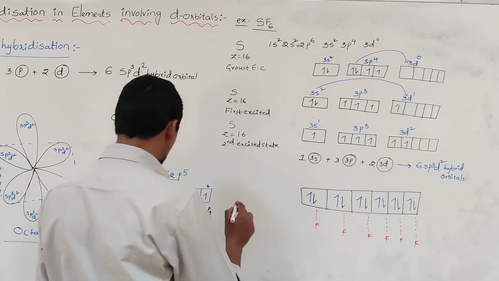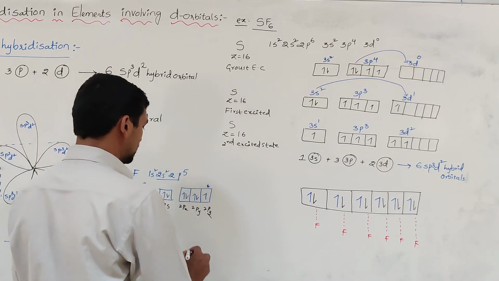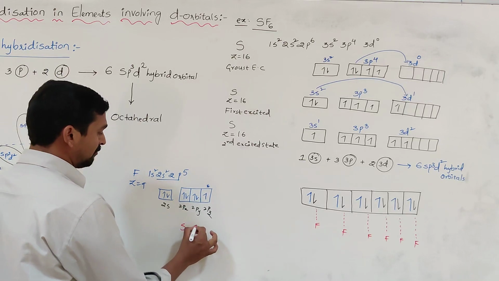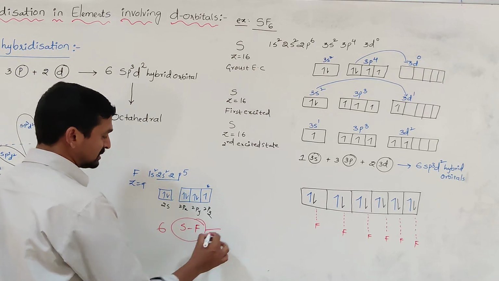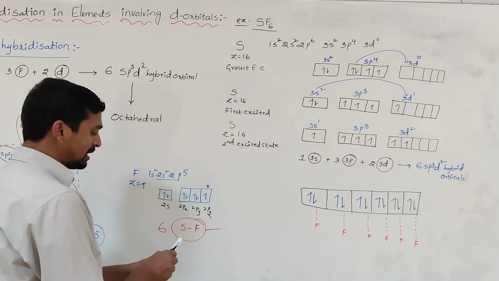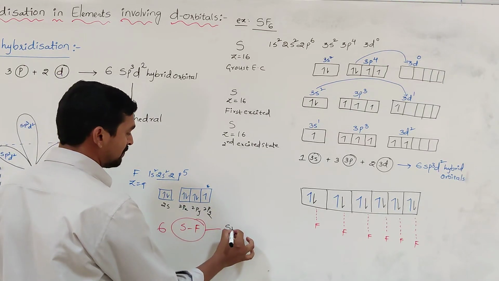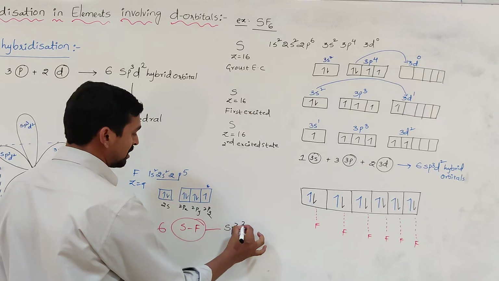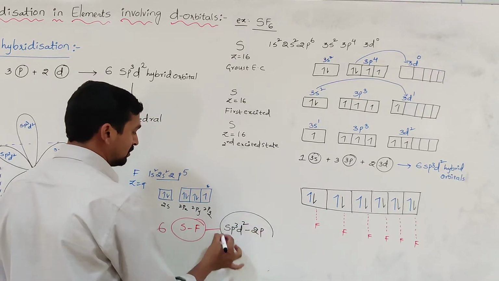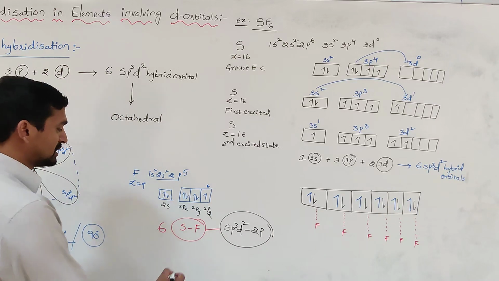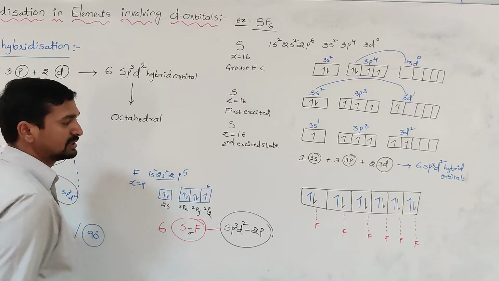That means all 6 sulfur-fluorine bonds are formed by axial overlapping of the sp3d2 hybrid orbital of sulfur and the 2p orbital of the fluorine atom, resulting in the formation of the sigma bond.